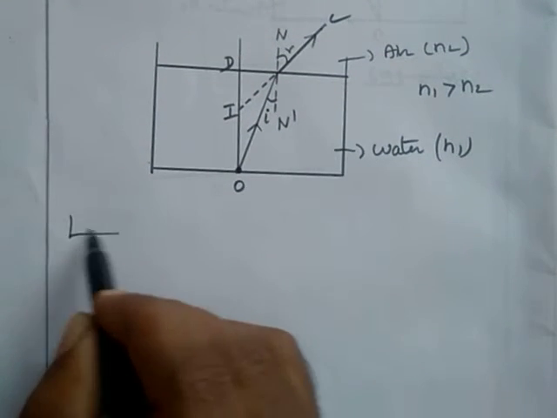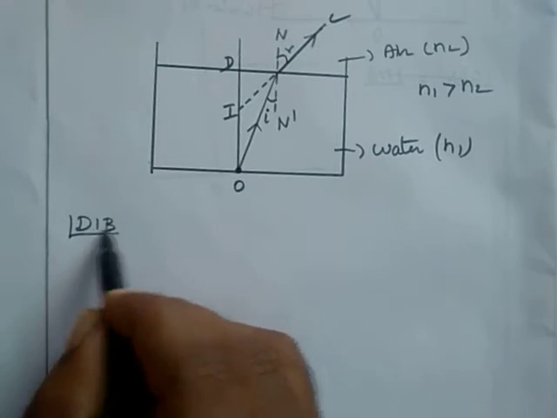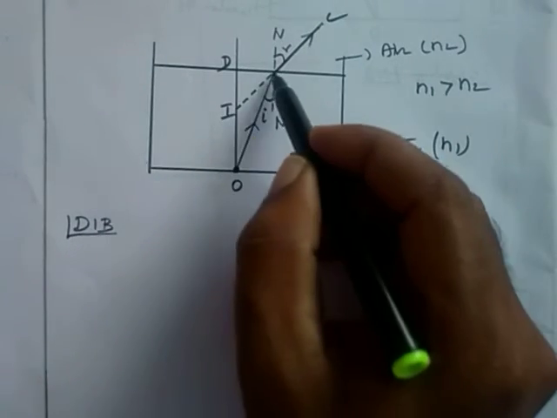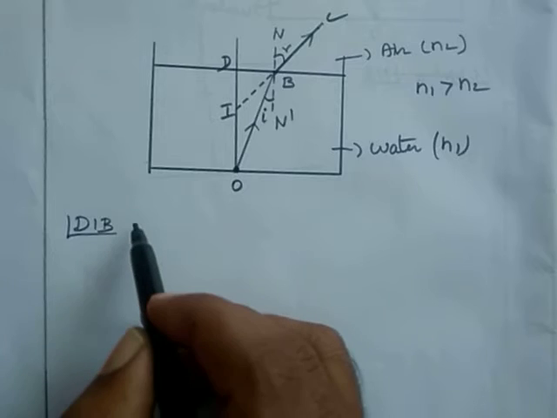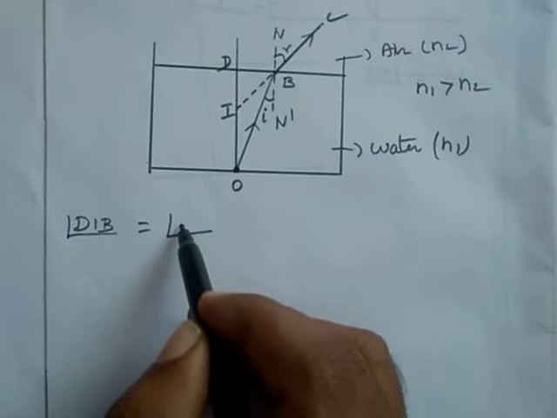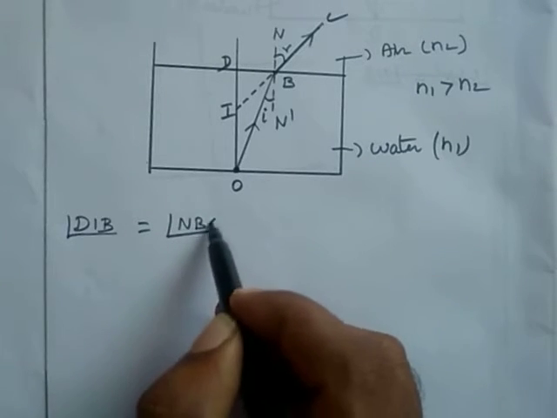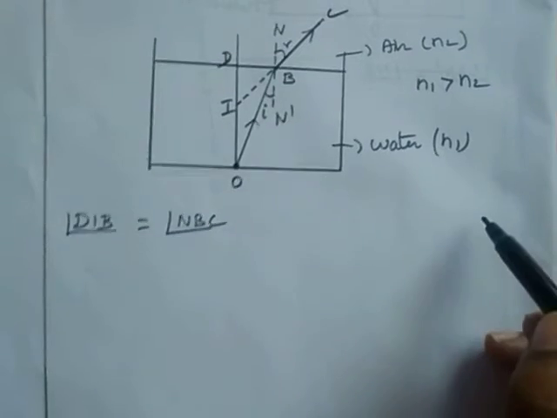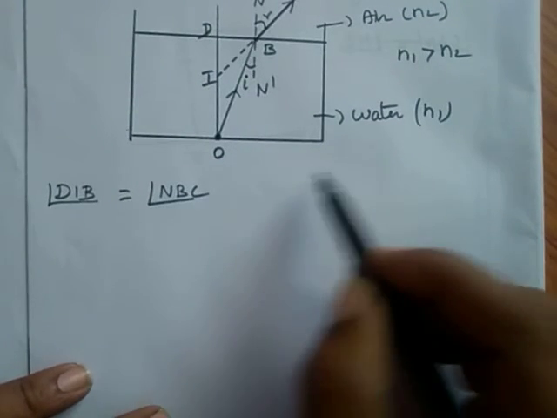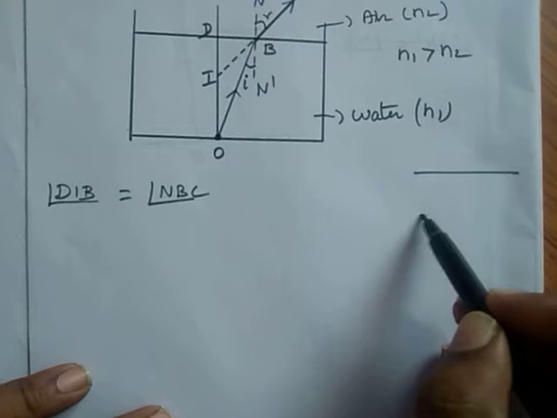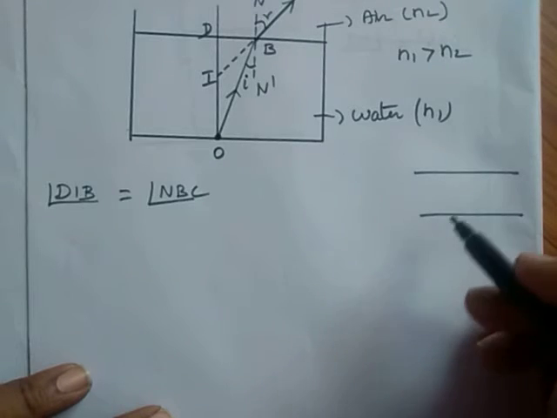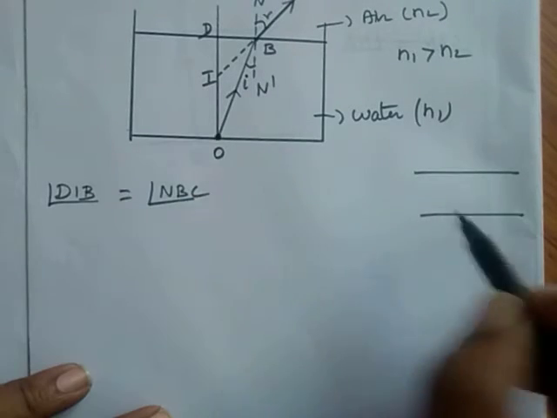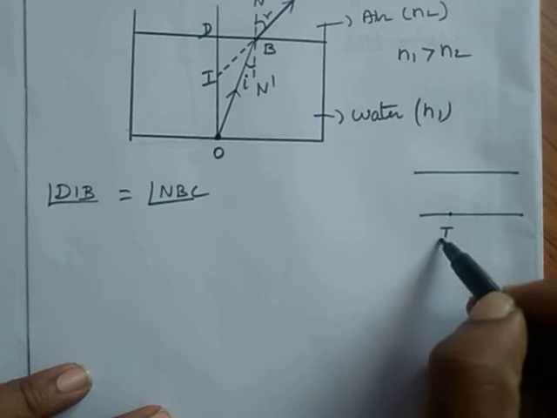See, angle DIB, this point is B, is equal to angle NBC. The point I is plotted.